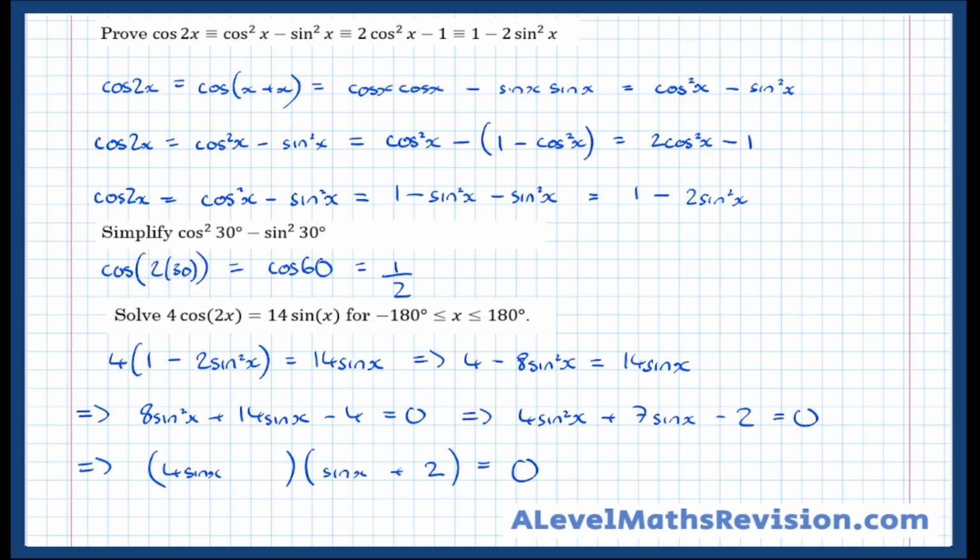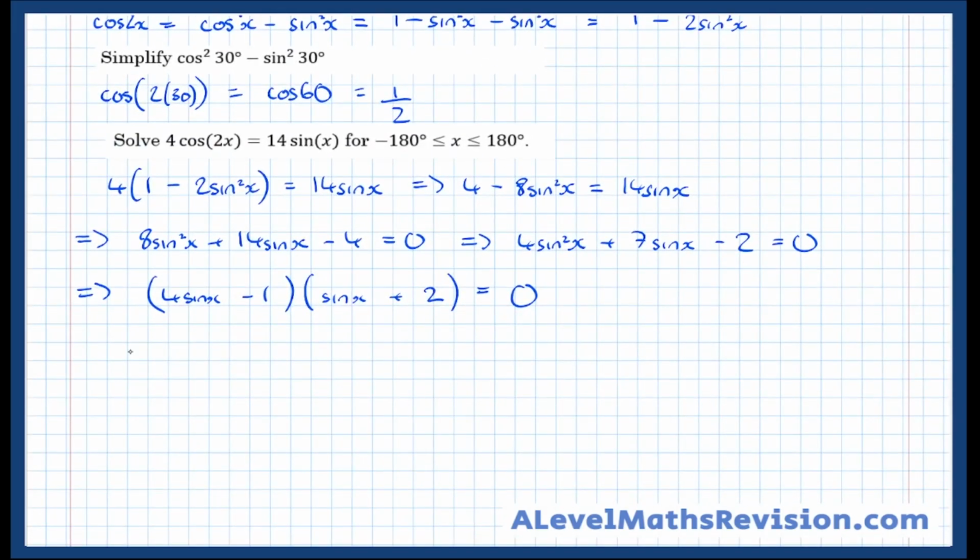So yeah, if we do plus 2 and minus 1, we get it factorized. So we can see that sine x equals 1/4, or sine x equals minus 2. And we know that one to be nonsense. So when we discard an answer, we should always say why we are discarding it. And we're discarding this one because the size of sine x has to be less than or equal to 1.